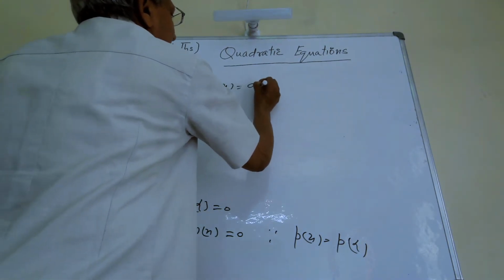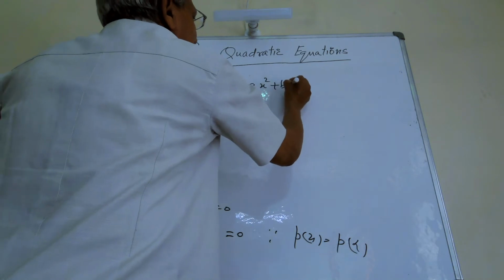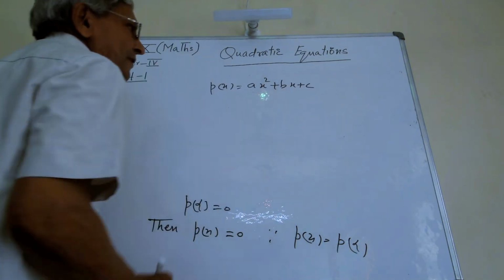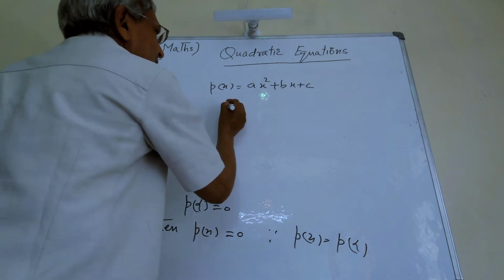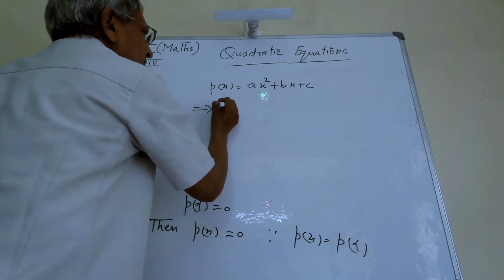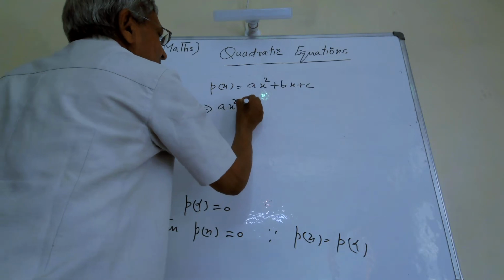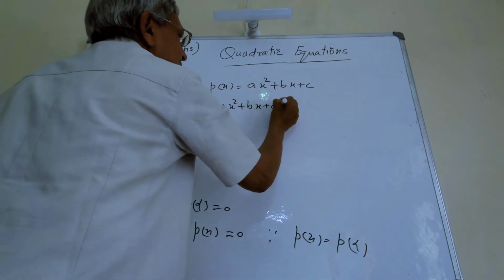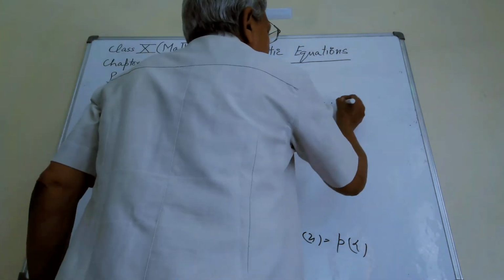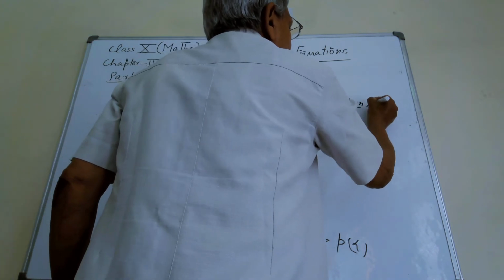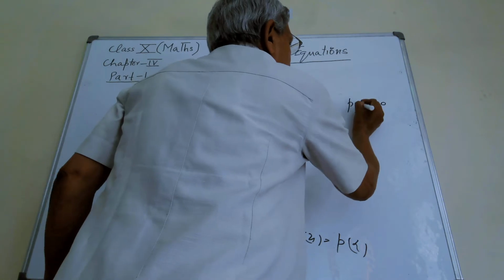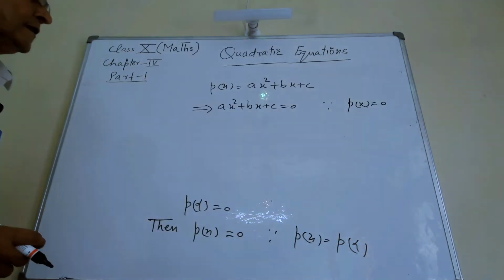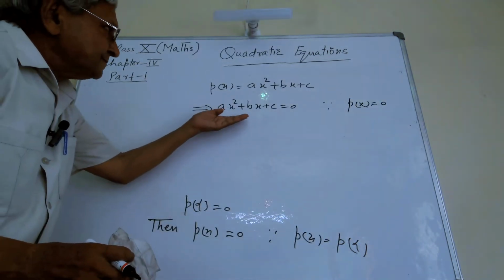P(x) is equal to ax² + bx + c. This is a quadratic polynomial, and the value of this P(x) is equal to 0. This implies that ax² + bx + c = 0, because P(x) is equal to 0. And what is this?